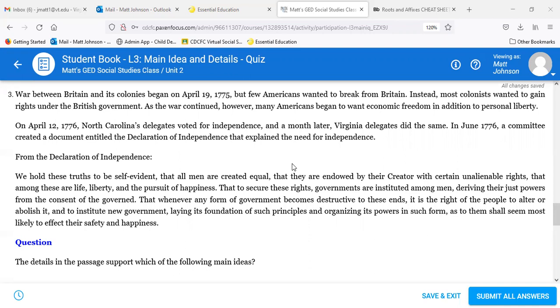And it says, we hold these truths to be self-evident, that all men are created equal, that they are endowed by their Creator with certain unalienable rights, that among these are life, liberty, and the pursuit of happiness, that to secure these rights, governments are instituted among men, deriving their just powers from the consent of the governed, that whenever any form of government becomes destructive to these ends, it is the right of the people to alter or abolish it, and to institute new government, laying its foundation on such principles and organizing its powers in such form as to them shall seem most likely to affect their safety and happiness.